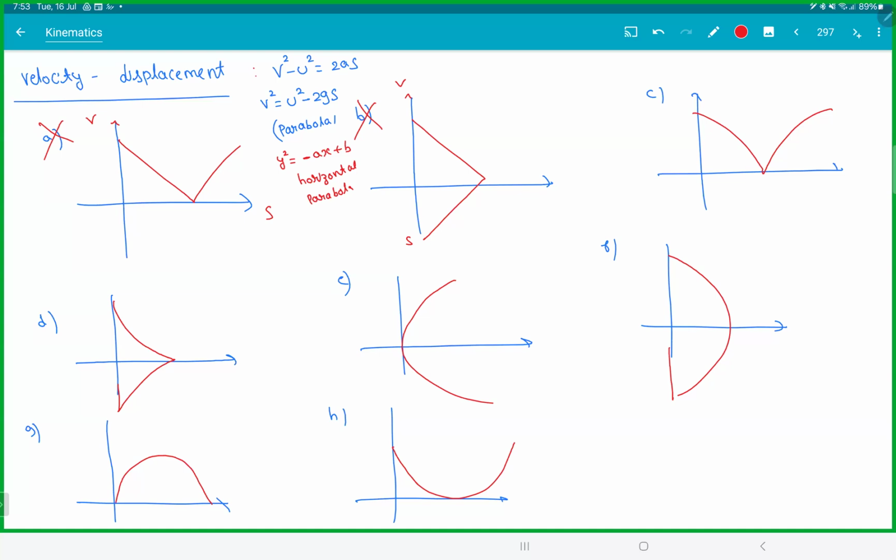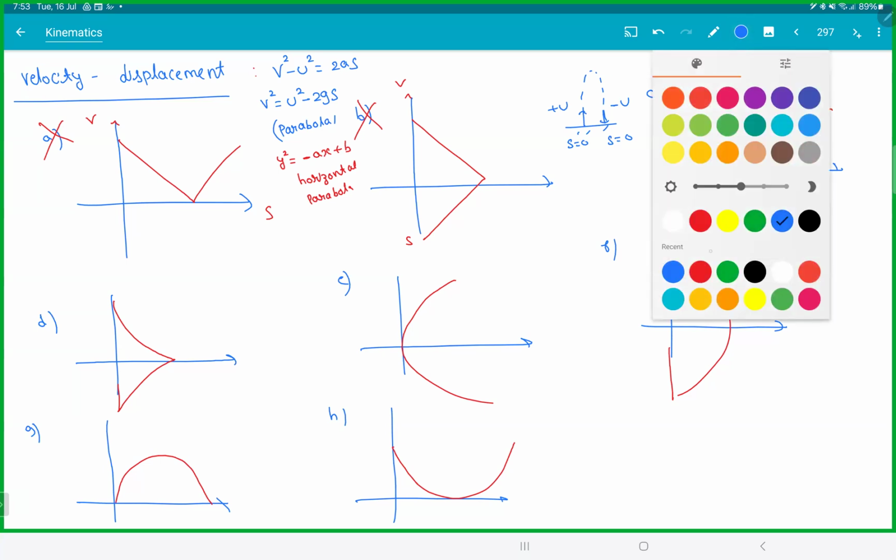Why is C wrong? When the ball goes up and comes down, the displacement should be zero again, isn't it? So initially your velocity is plus U, while coming back your velocity is minus U. Means after one collision, finally the velocity should be minus U. Displacement should be zero.